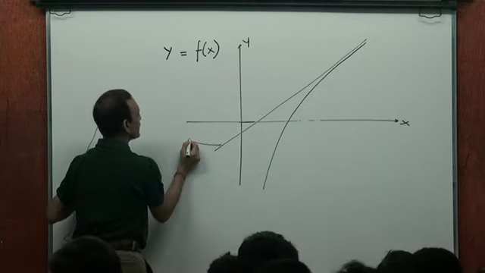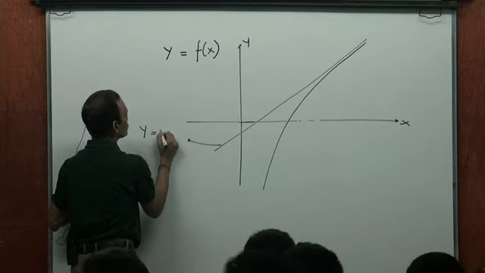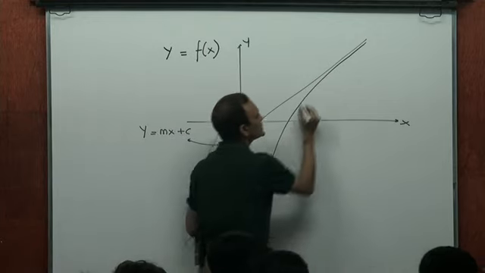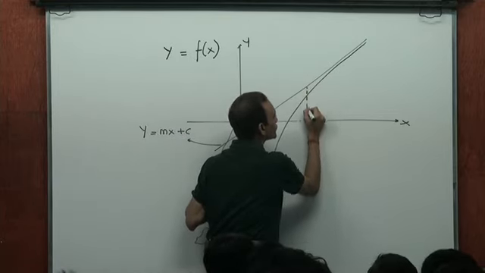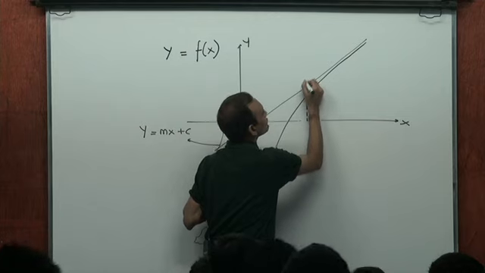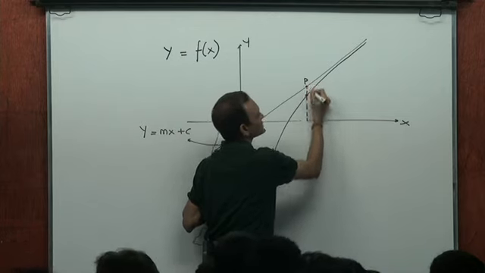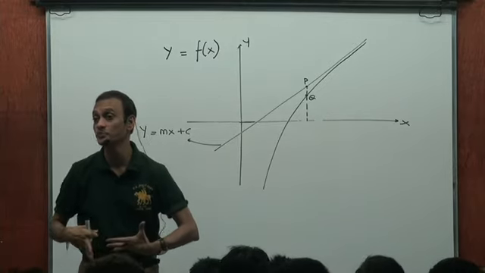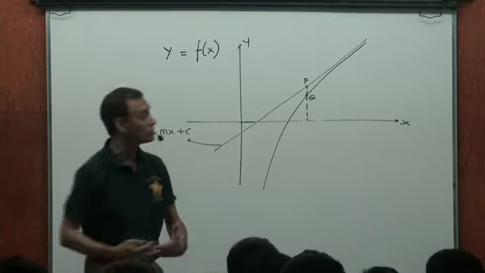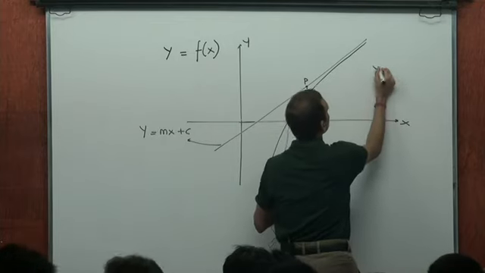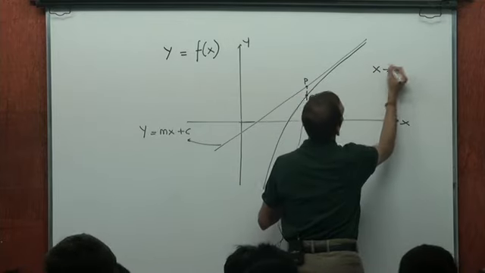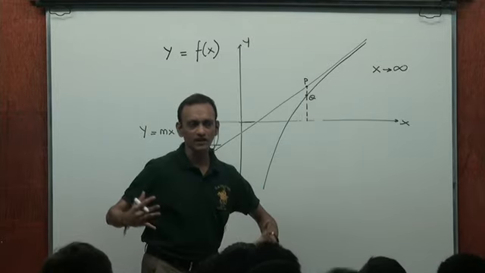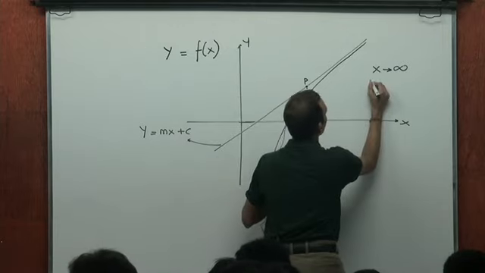Say this line referred to as y equal to mx plus c, and what it really means is that this P and this Q, PQ is the separation between the curve and the asymptote, and as x tends to plus or minus infinity, let's say very far away from the origin, PQ must tend to 0.